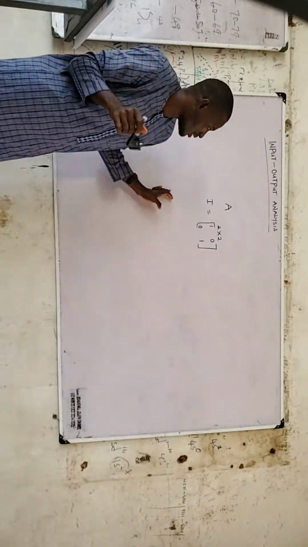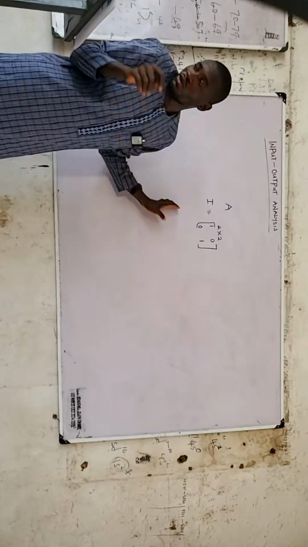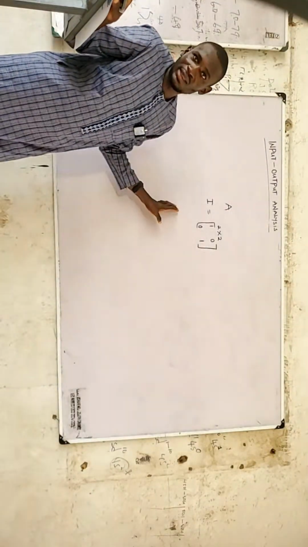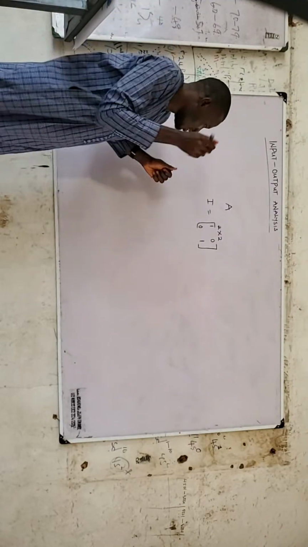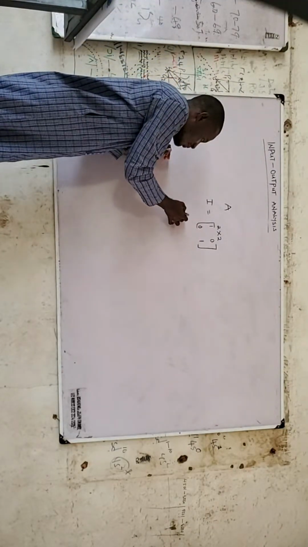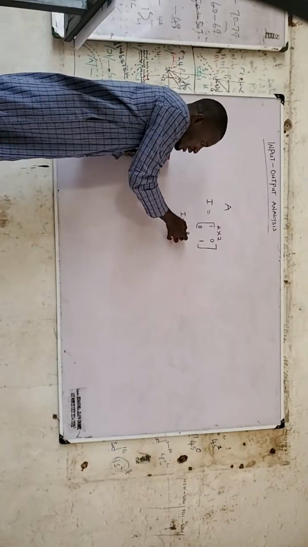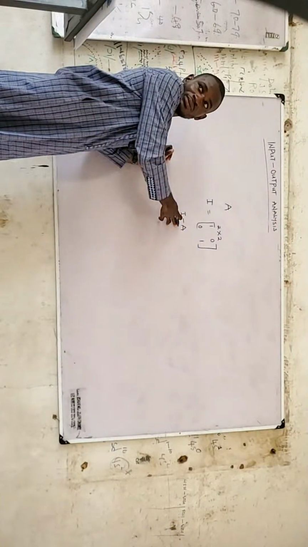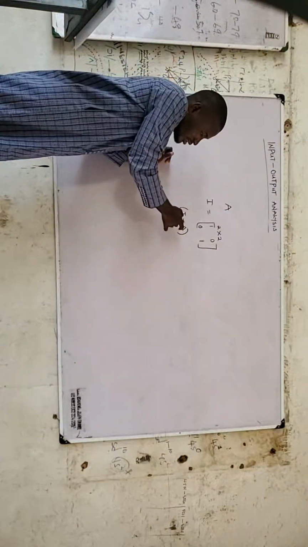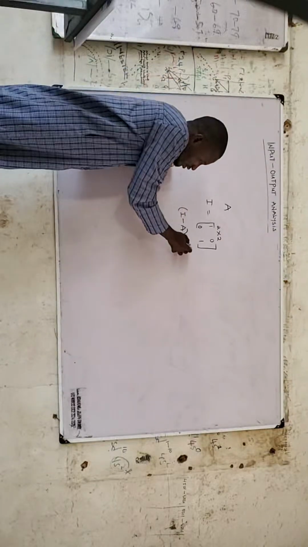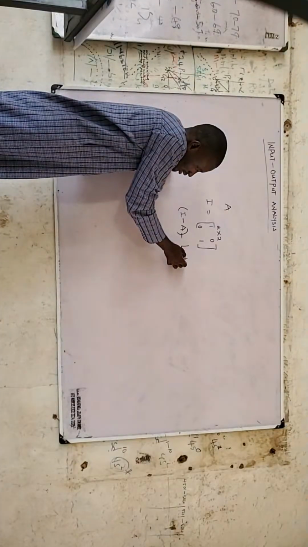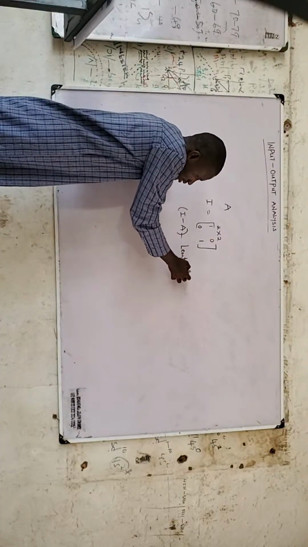It's an identity matrix. Then that part of the input-output analysis that is called the Leontief matrix is the difference of the identity matrix and the technical coefficient matrix. When you subtract the technical coefficient matrix from the identity matrix, you have the Leontief matrix.